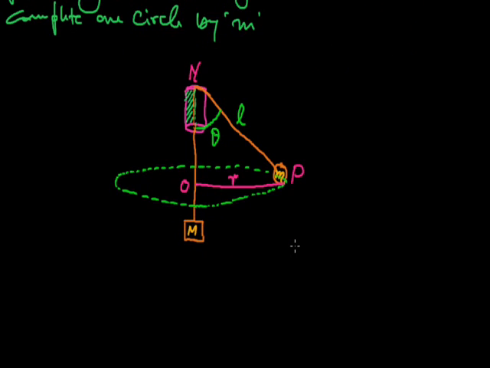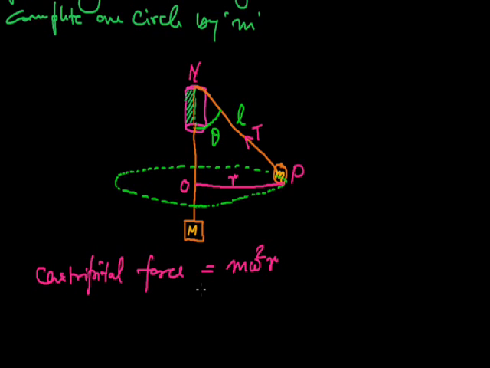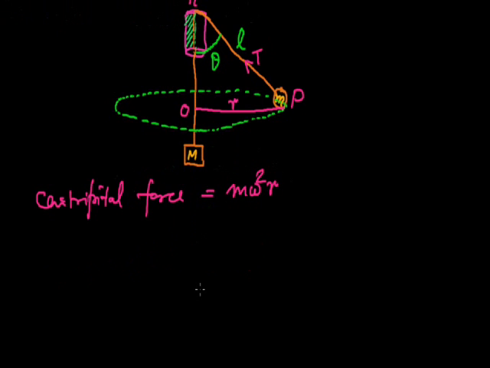According to the diagram, the centripetal force is equal to m omega square r. Tension in the string is T. According to the figure here, r is equal to L sin theta. And at mean position, T is equal to capital Mg.